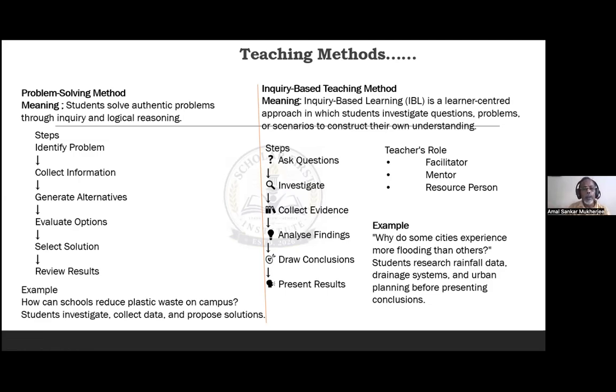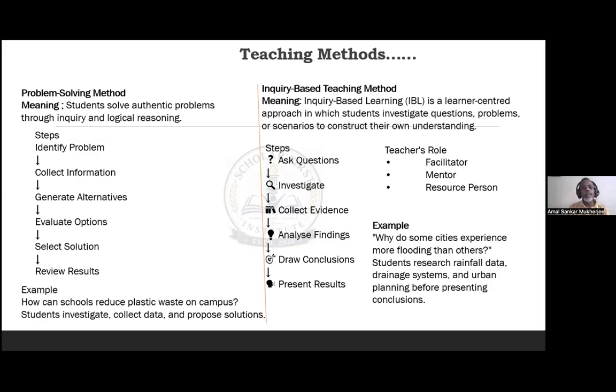I'm repeating: ask questions, because if you're not asking questions about a particular situation, we cannot generate the problem or the conditions for the problem. So ask questions, then investigate, collect evidence, analyze findings, draw conclusions, and after that, present the results.